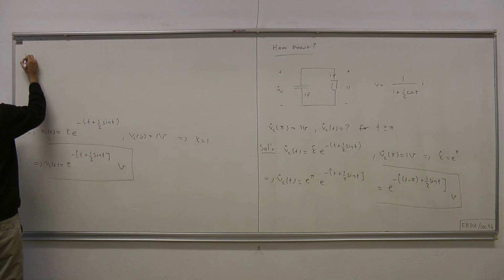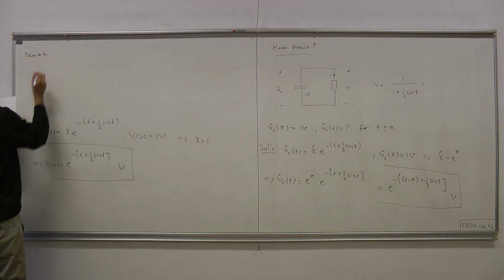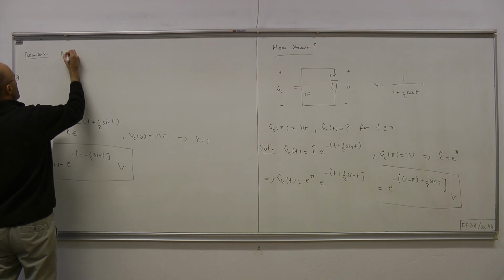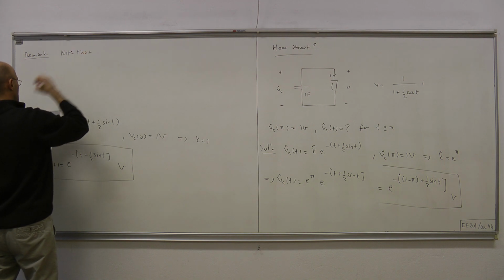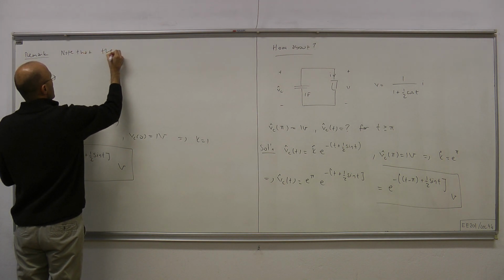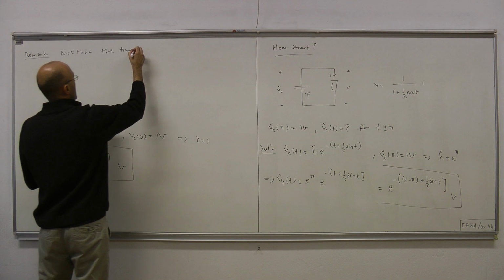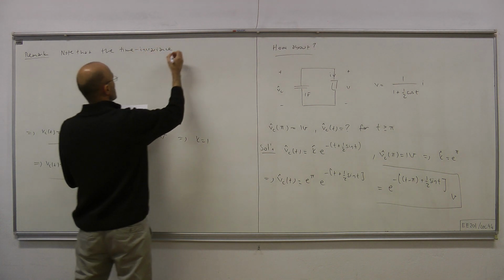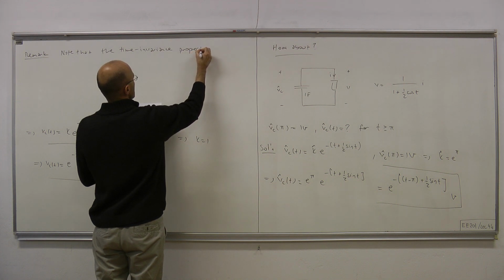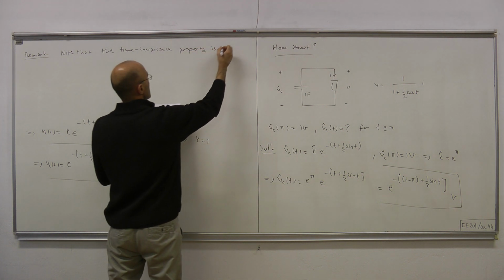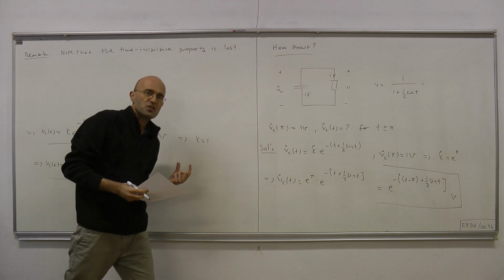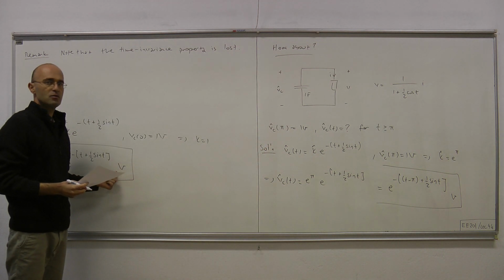Okay. So that's the lesson that we take from this example. Note that the time invariance property is lost. In other words, that solution is not just a simple shifted version of this solution.